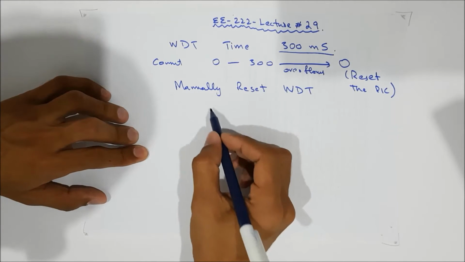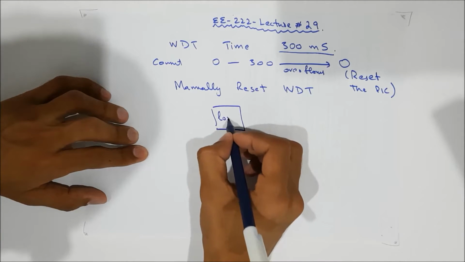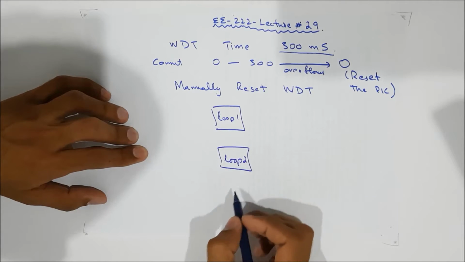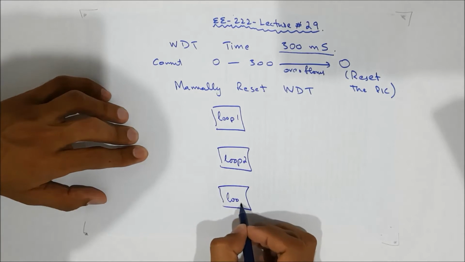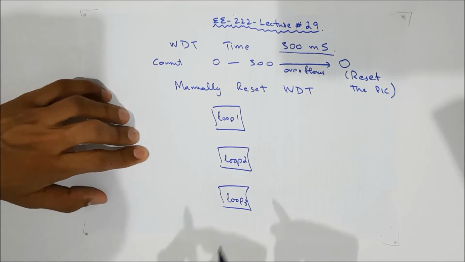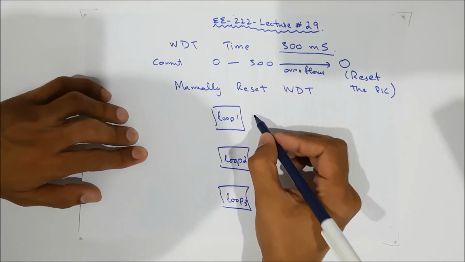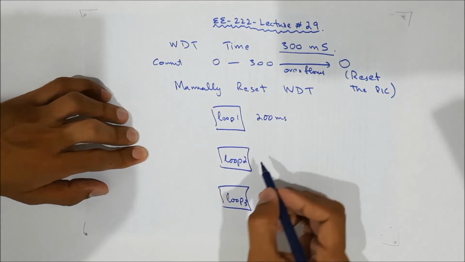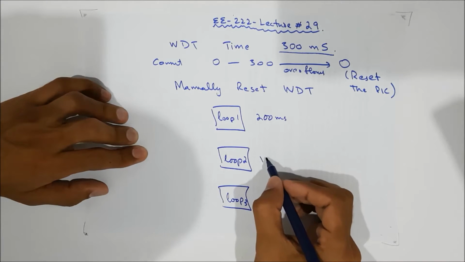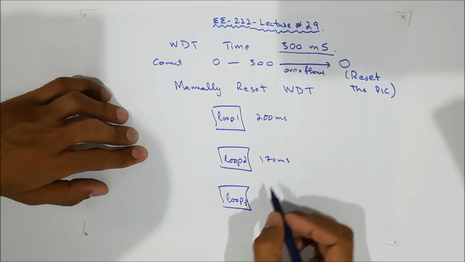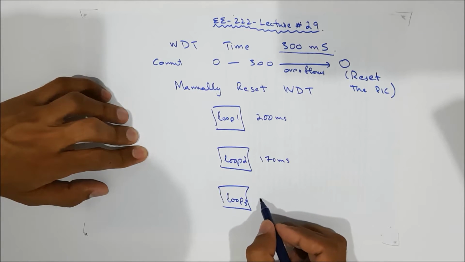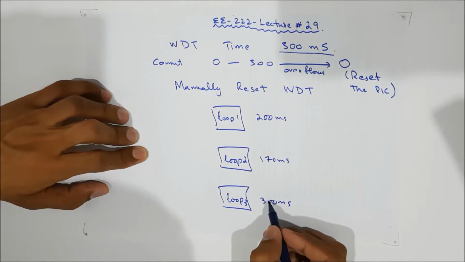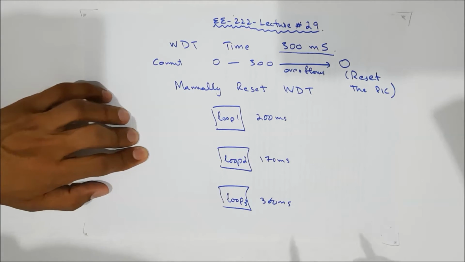So for example, this is your loop 1, this is your loop 2, and this is your loop 3. This loop takes around 200 milliseconds to run. This loop takes around 170 milliseconds to run, and this loop takes around 300, or let's say 360 milliseconds to run.